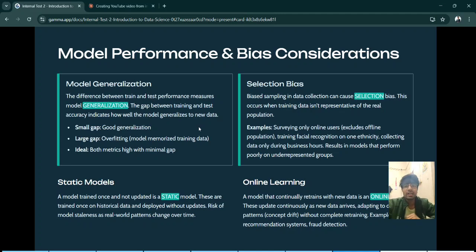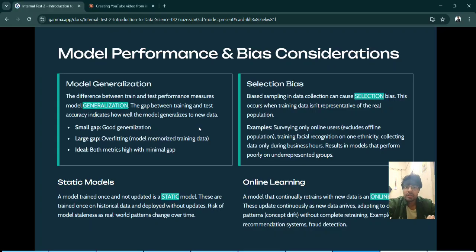This ensures features have equal importance in distance-based algorithms and prevents features with large values from dominating. An alternative is standardization, which scales to mean equal to 0 and standard deviation equal to 1.